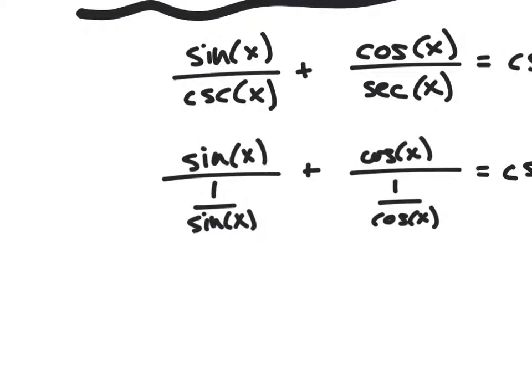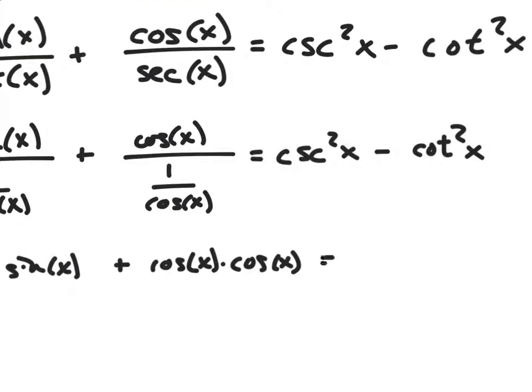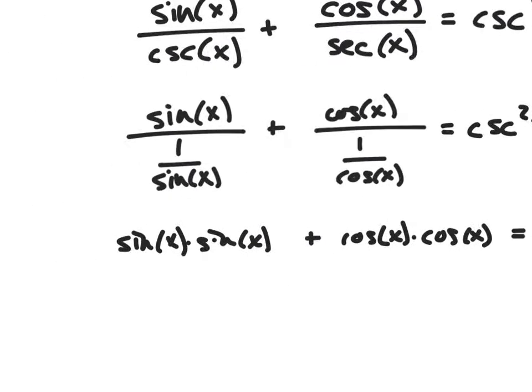Yeah, so then you would multiply by the reciprocal instead of dividing. So you'd get sine of x times sine of x plus cosine of x times cosine of x. And then cosecant squared x minus cotangent squared x. Okay, at that point, this becomes sine squared x plus cosine squared x.